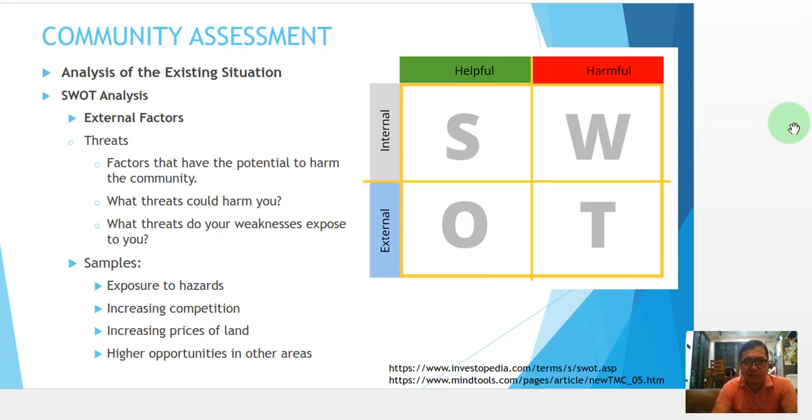So for the threats, the external factors: what are the factors that have the potential to harm the community? What threats could harm them, and what threats do their weaknesses expose? Examples are the exposure to hazards, especially in communities that are prone to flooding.